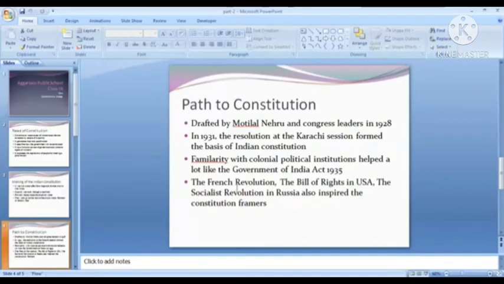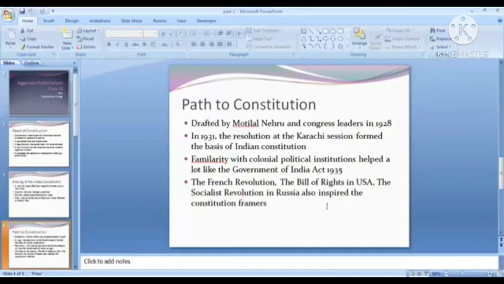The Bill of Rights in the USA, meaning in the Constitution of the USA there was a Bill of Rights, and through this in our Constitution also the fundamental rights were given to the citizens of the country, citizens of India.